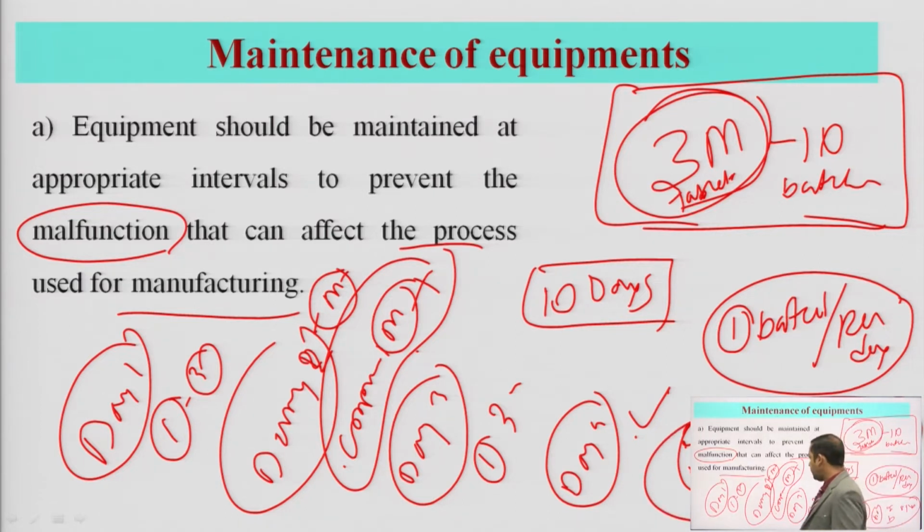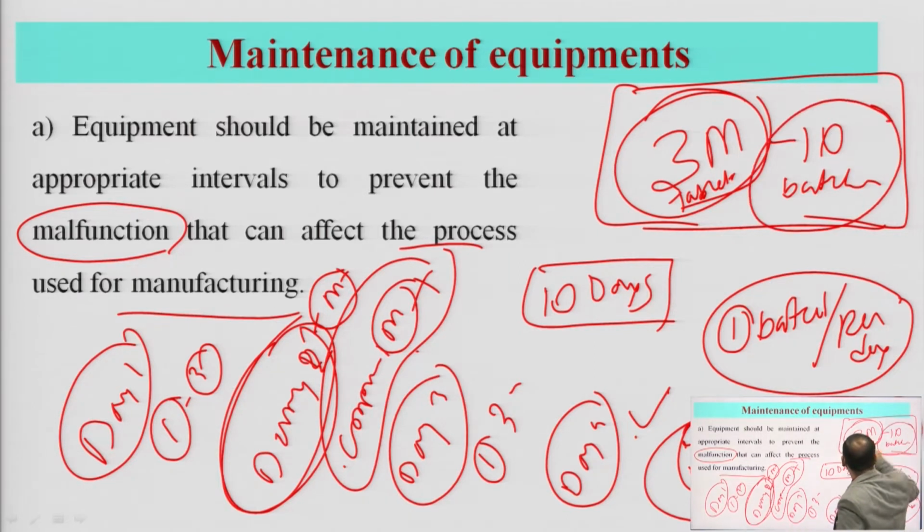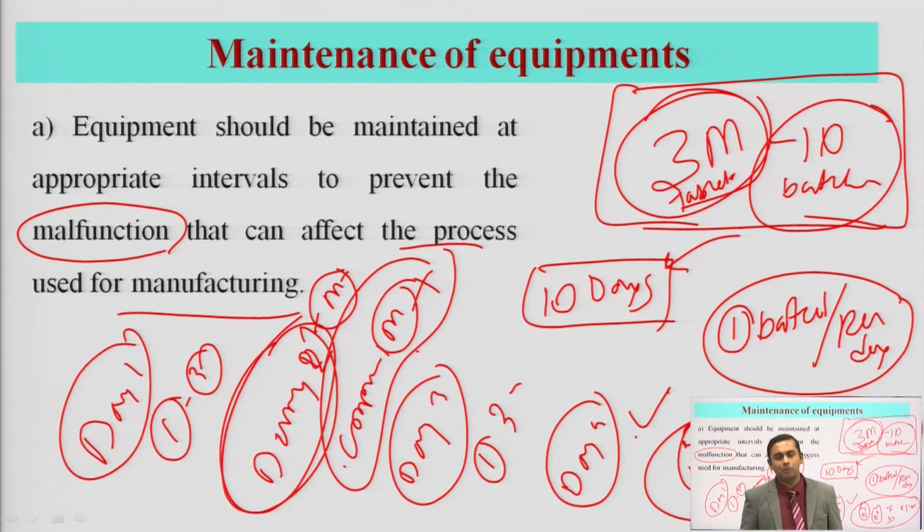But on day 2 you have failed to produce a sufficient amount of the product. Whatever the target was, those 10 batches you have to produce and give within 10 days, you actually failed to complete this entire task.